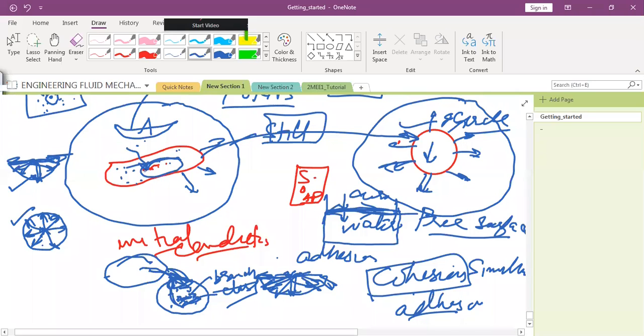So if the existing water molecule wants to make a bond with the new molecule of soap, it will have to actually detach or reduce its interaction with the surrounding water molecules, which were originally in interaction with that molecule.